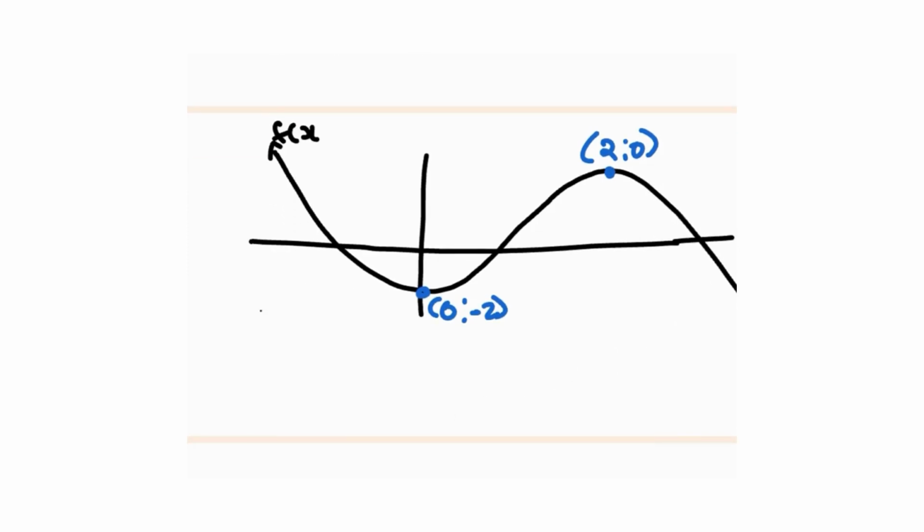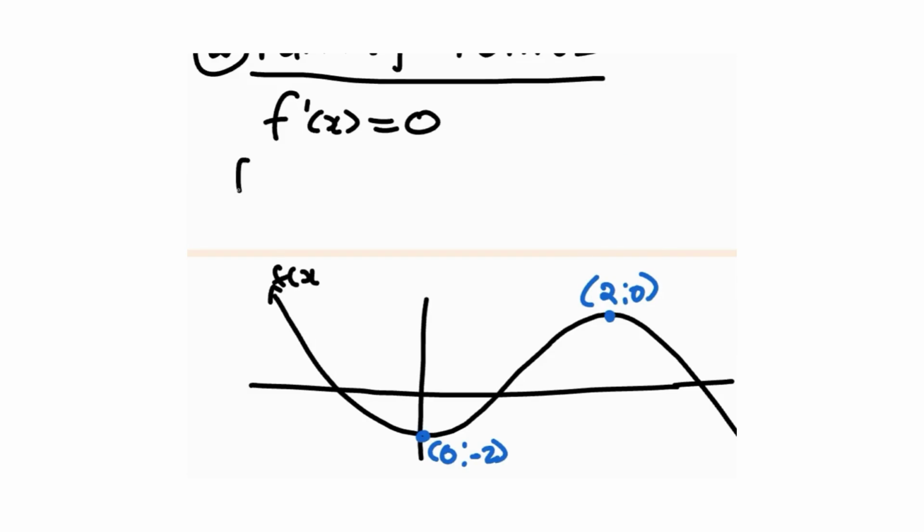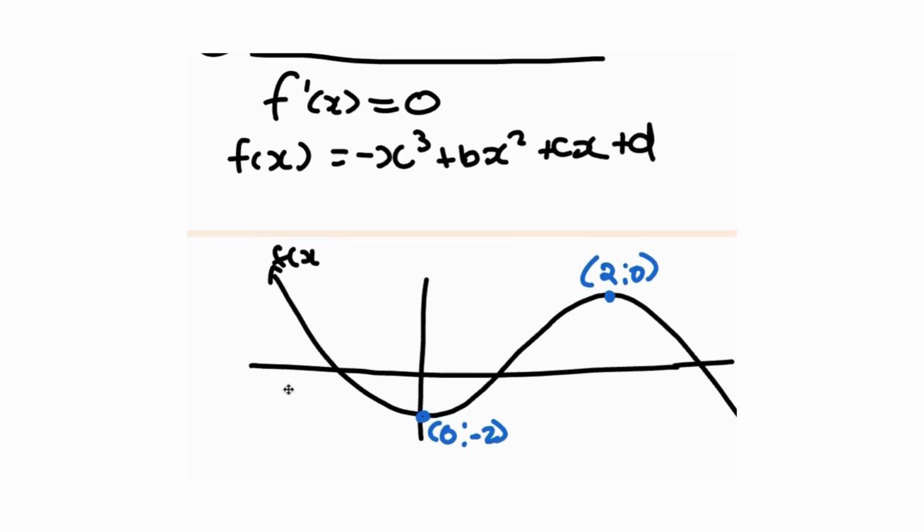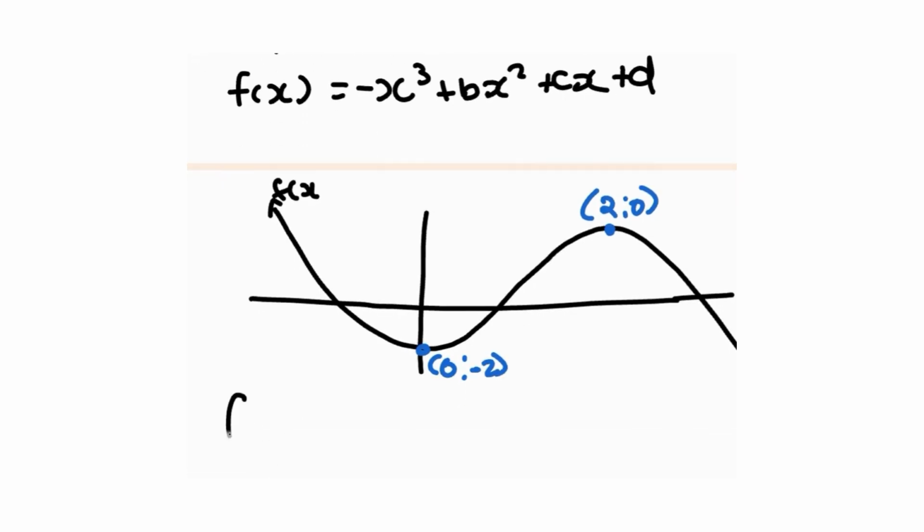So here they've given us the graph of f of x is negative x cubed plus bx squared plus cx plus d. So this is the graph that they have given us. Let us do what we normally do.